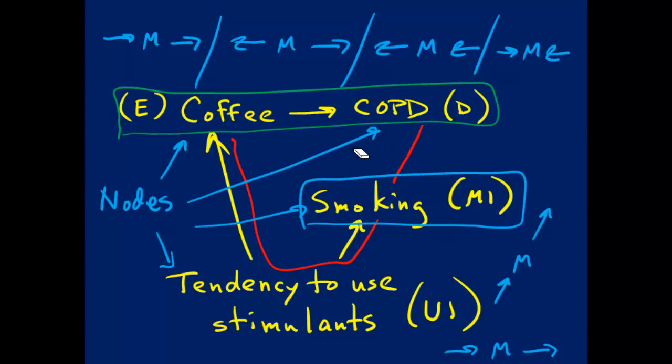Let's say that COPD was a cause of smoking, and the tendency to use stimulants was also a cause of smoking. This backdoor path would actually be blocked without conditioning on smoking, because you have this structure where the arrow is pointing into smoking on both sides of the backdoor path.